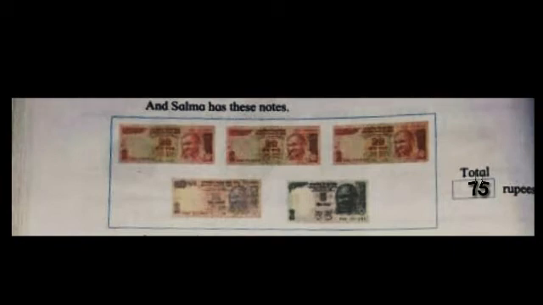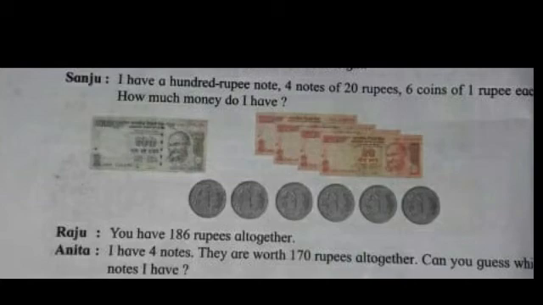Now we will see the next example. Sanju: I have a 100 rupee note, 4 notes of 20 rupees, and 6 coins of 1 rupee each. How much money do I have? Now see children, there is a 100 rupees note and 1, 2, 3, 4 notes of 20 rupees.